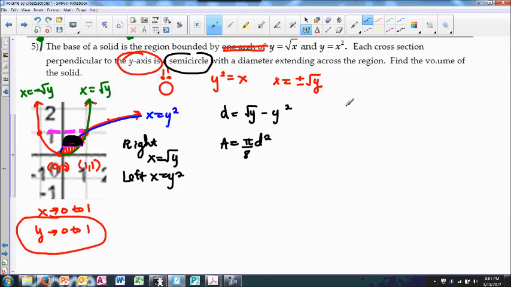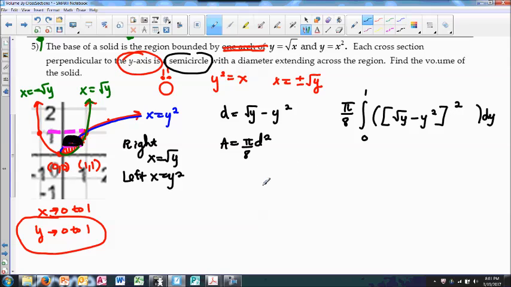That means we're going to integrate the pi over 8 constant factored out, from y is 0 to y is 1, in terms of y, and the diameter being squared is the square root of y minus y squared, quantity being squared.